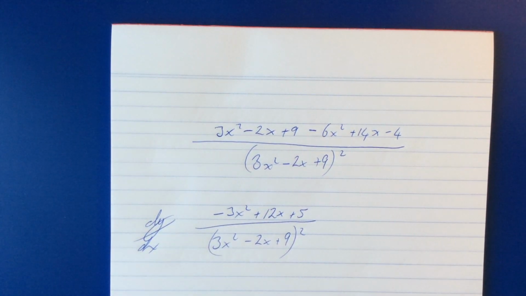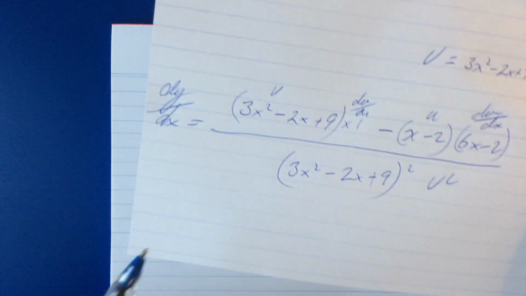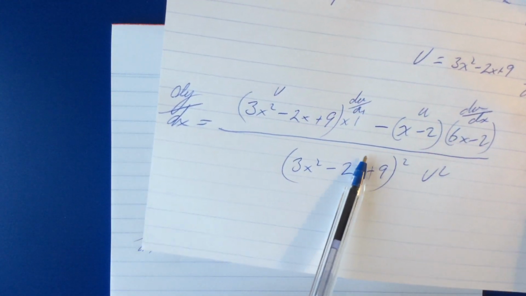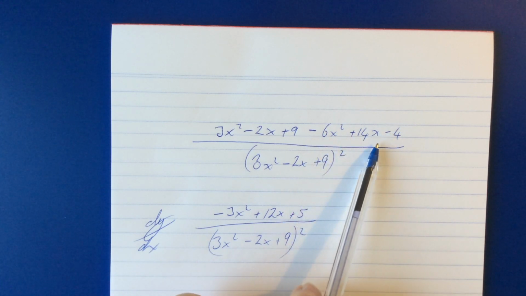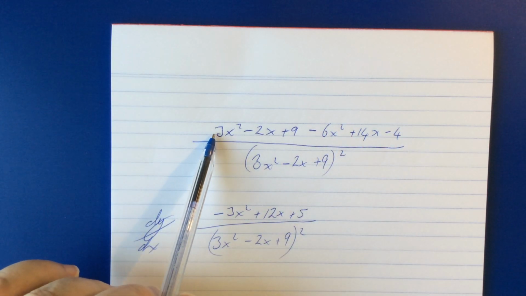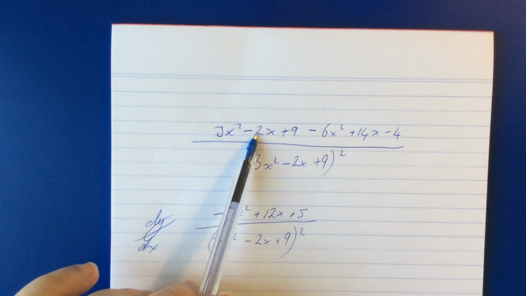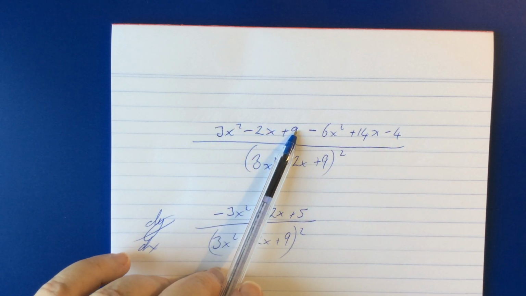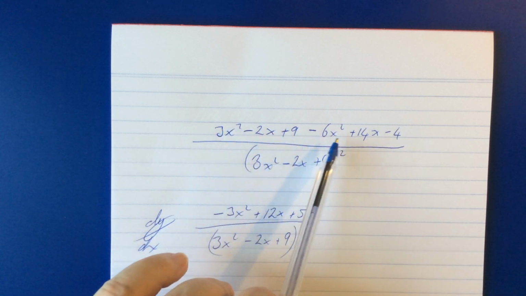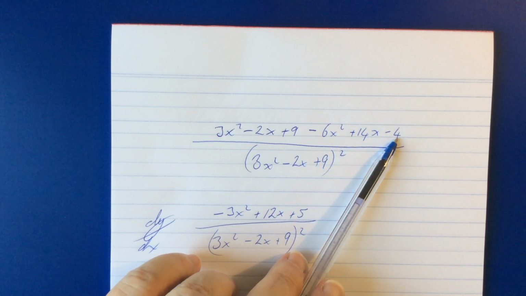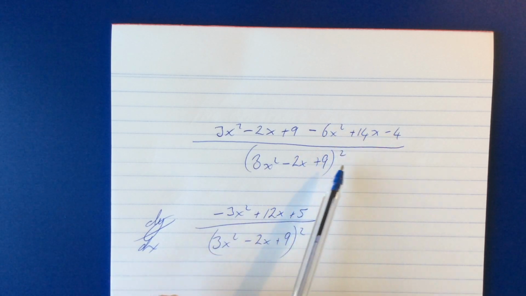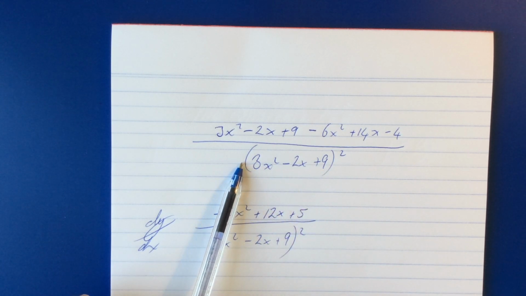So what I've done here is I've taken away the explanations of things, and the main thing I've done is expand this expression. So that's here. What we wind up with as a numerator is 3x squared minus 2x plus 9. You'll recall that the derivative of u is 1, so that just stays as it is. And this is the derivative of v times u, which is another quadratic, and I've left the denominator alone.